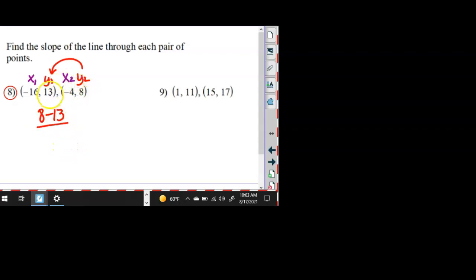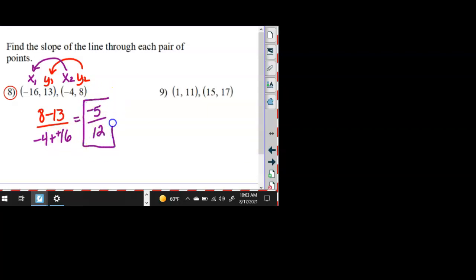So I'm going to do 8 minus 13, and then -4 minus -16. All right, 8 minus 13, on a good day, -5. Minus a negative turns to plus positive, so -4 plus 16 is 12, right?